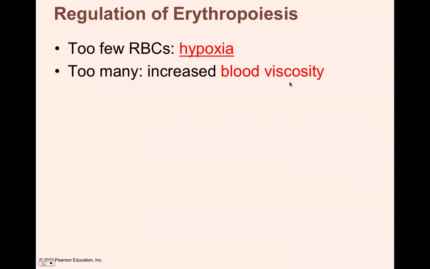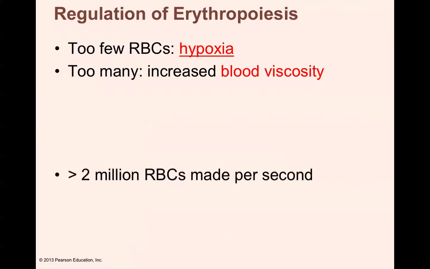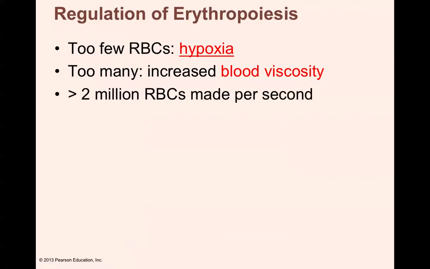It could lead to a stroke or clot formation, so that is not good either. So the regulation of erythropoiesis is very important. You want to have just enough red blood cells to have the optimum delivery of oxygen to the tissues. So the body makes more than 2 million red blood cells per second.